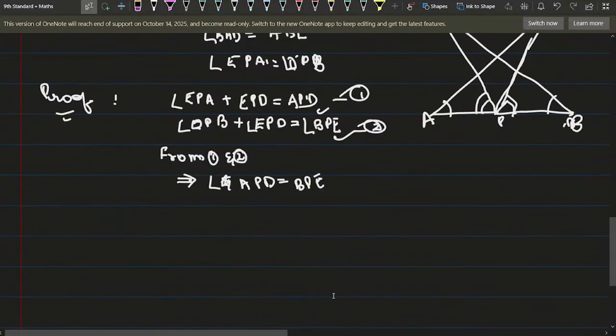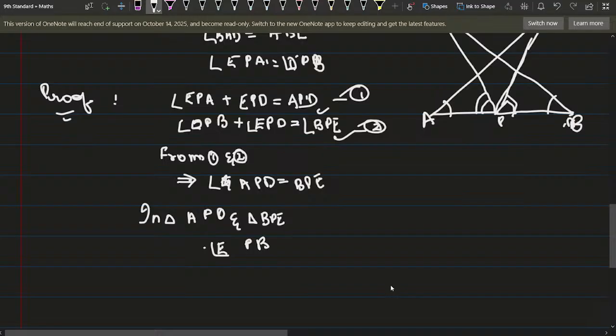Then in triangle APD and triangle BPE, what are given? Angle EPB and angle DAP are given. AP is equal to BP, proved.